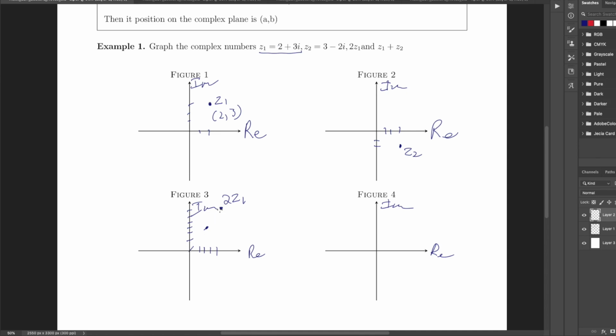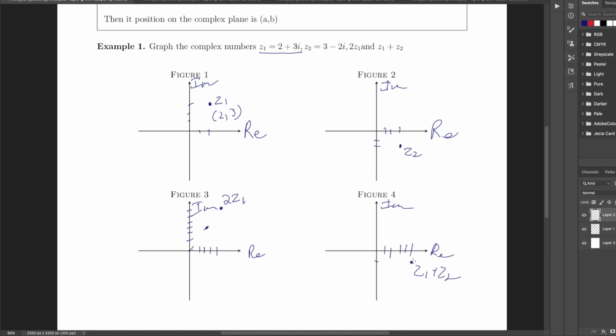Notice it lies on the same line. That will become important later. And here we can add two of them up. We move over 2 plus 3, and then up 3 and down 2, which is the same as going down by 1. And so this is z1 plus z2.